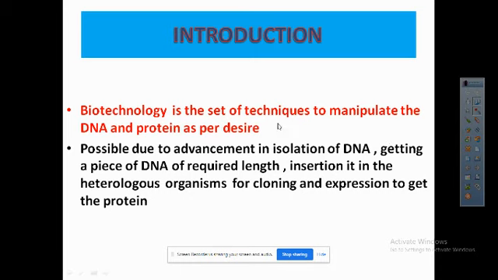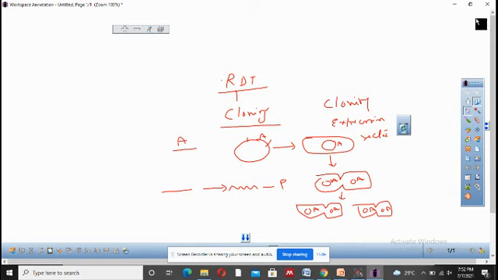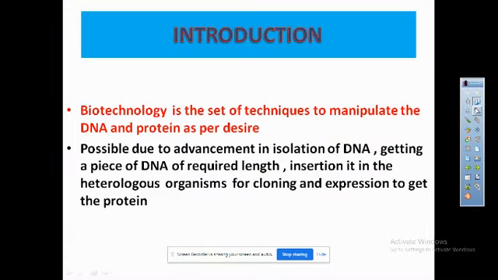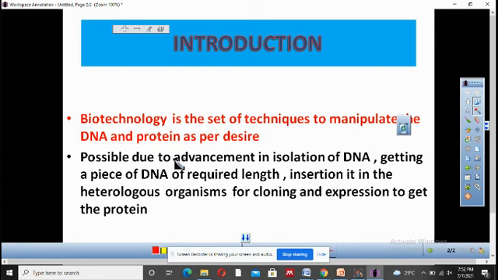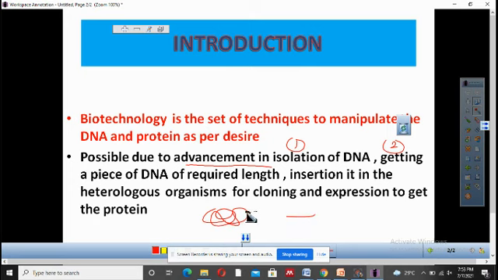In general, biotechnology is a set of techniques to manipulate the DNA or the protein as per our requirement, and it is only possible due to advancement in some techniques like isolation of the DNA, getting a piece of DNA of required length, because we have got the genomes, and from there how we can get some fragments of this DNA, then insertion of it in heterologous organisms.